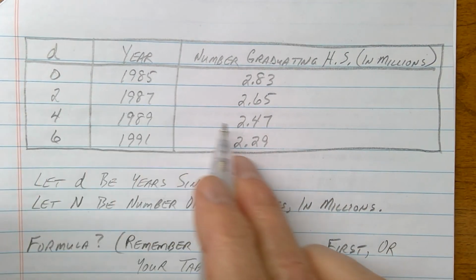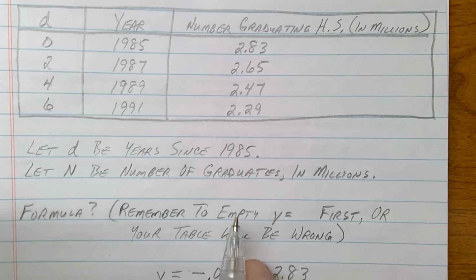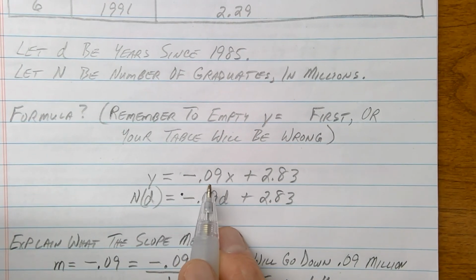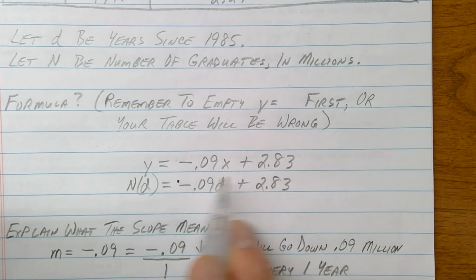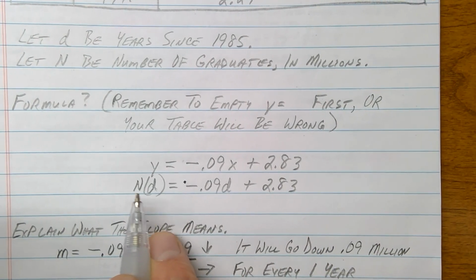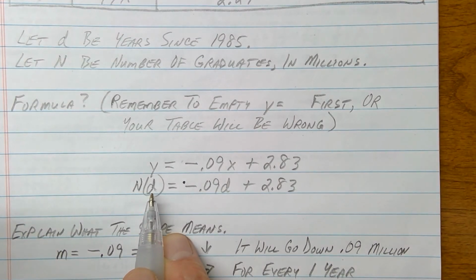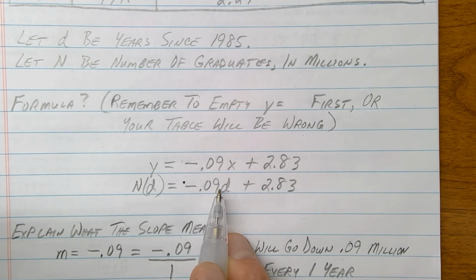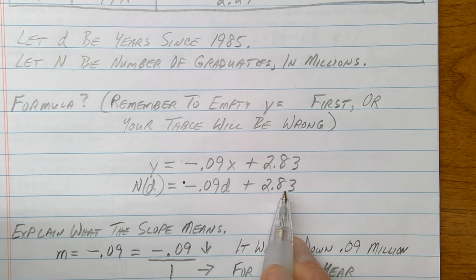So put these in list 1, put these in list 2, calculate your equation, and you should get y equals negative 0.09x plus 2.83. Using the letters in their story, the number of graduates is depending on what year it is, and it's going down 0.09 million students every year with a starting initial value of 2.83 million students.